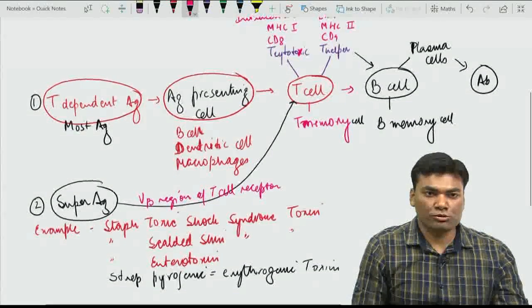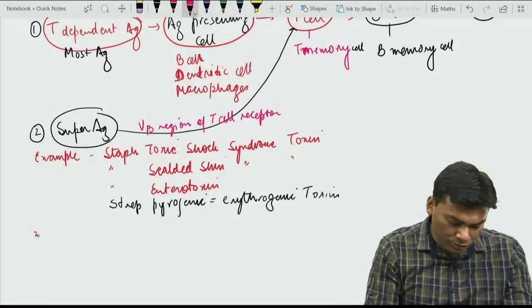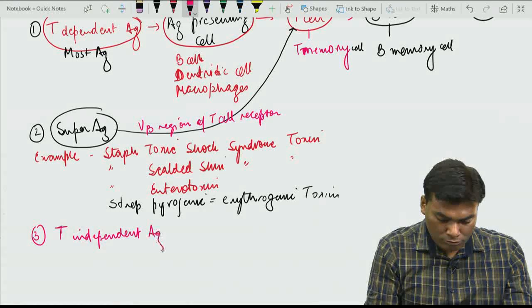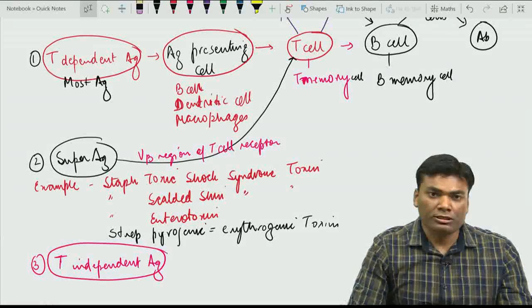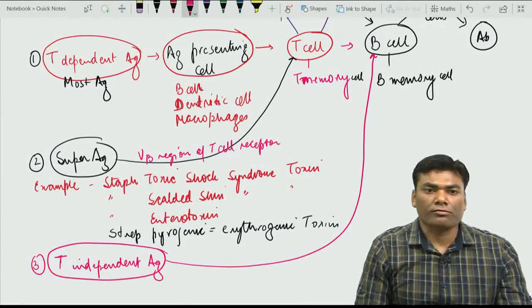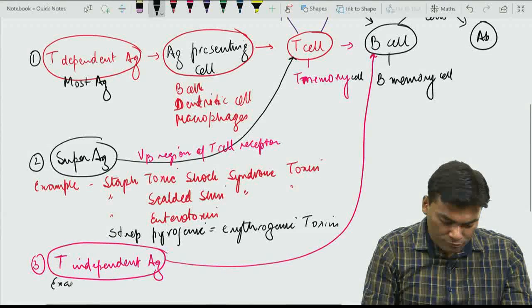So we have discussed these two antigens, T dependent and the second one, super antigen. The third type is the T independent antigen. Now the T independent antigen will directly go and bind to the B cell, right?